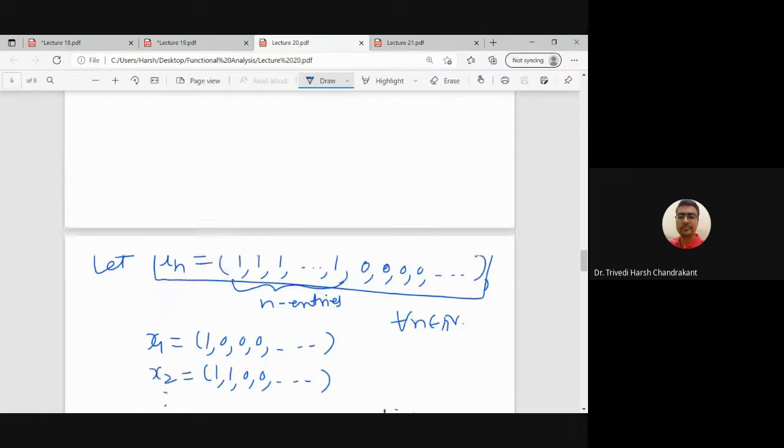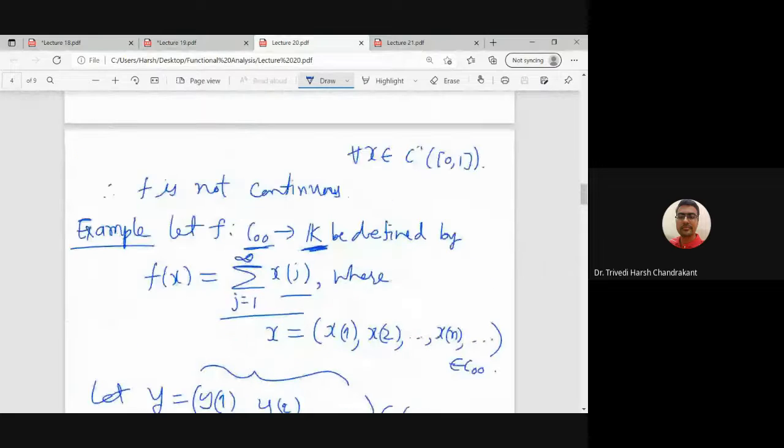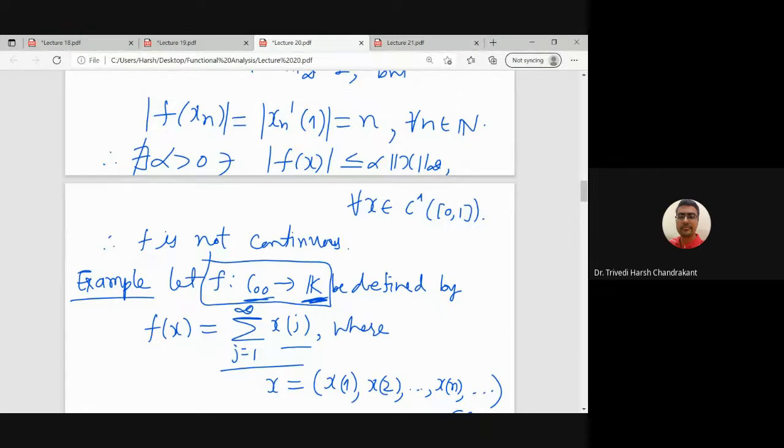Because f is a functional. What is the definition of f? f is from C00 to k, and k has a norm which is modulus, and C00 has the supremum norm.